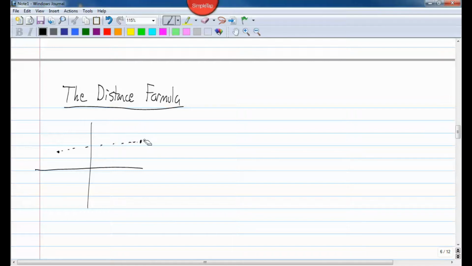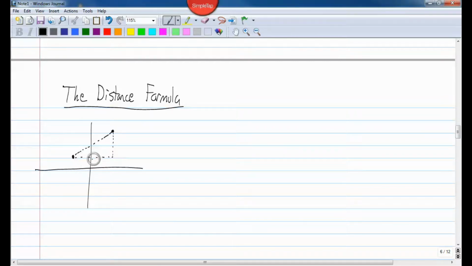You can't really see it with this right here, but let me write a better example up here. Say you wanted to find the distance between these 2 points. That would be that distance. What we're actually doing is thinking about it like this.